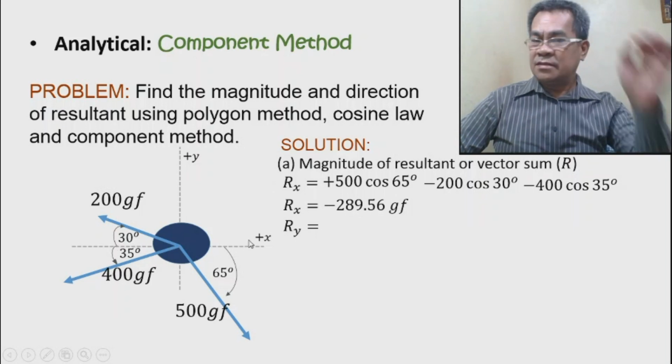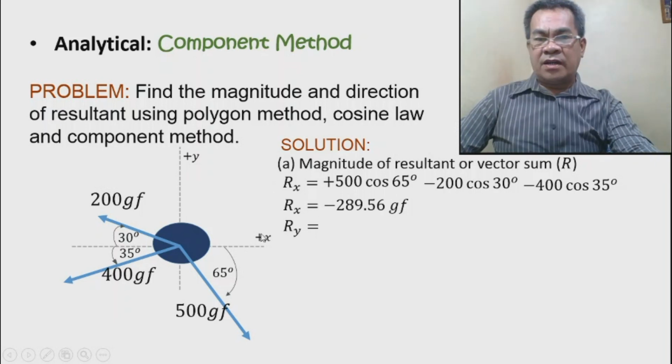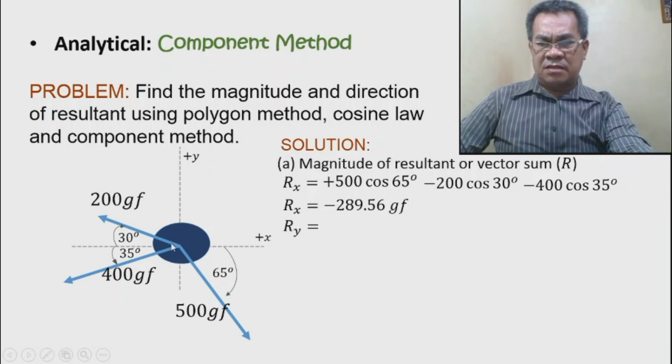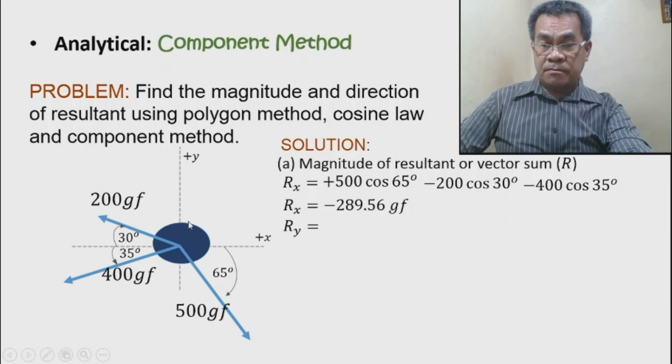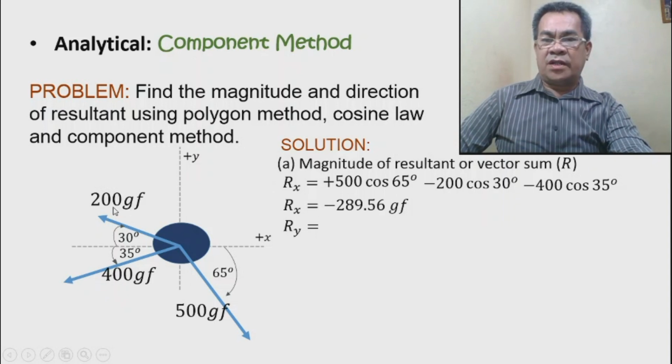Very important. Because this is negative, we are very sure that the resultant can be found in either quadrant 2 or quadrant 3. We have no definite answer yet, because we have only the idea of x.